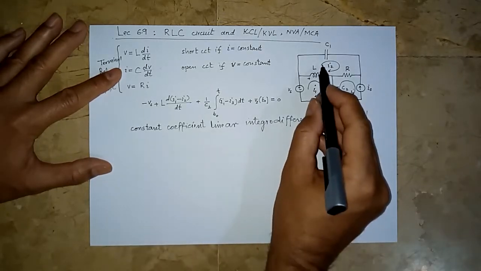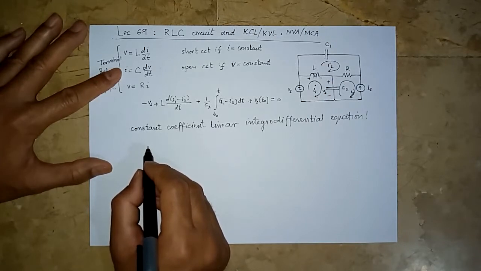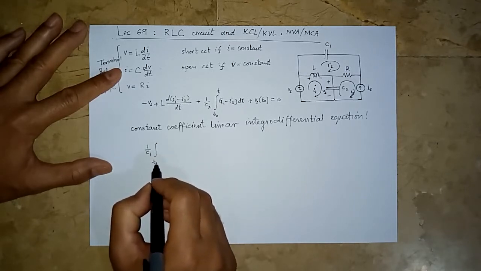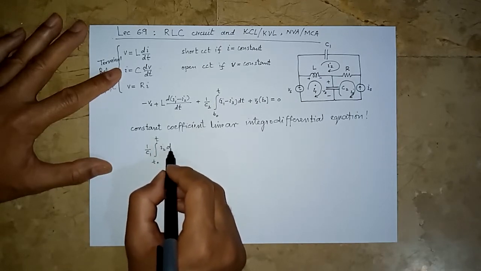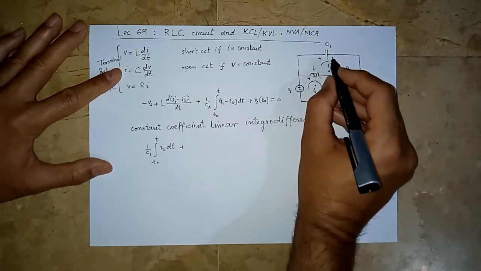So let us try to write the equation for I2 now. I hope you can guess it fairly easily on your own. So we are going to get 1 over C1 integral from T naught to T of I2 only, plus, let us mark some voltage here as well.